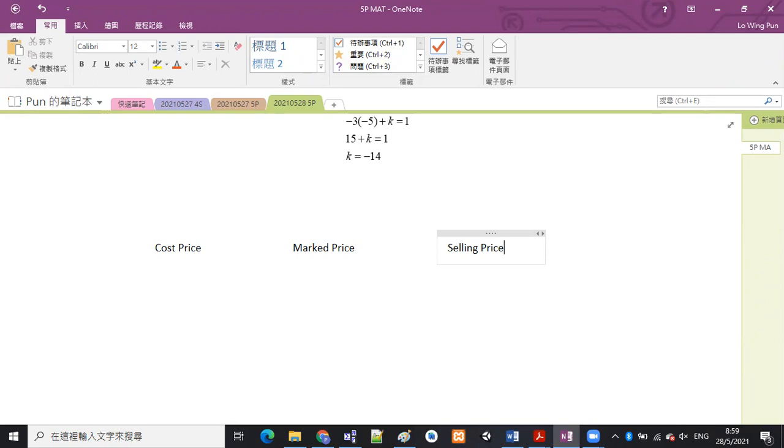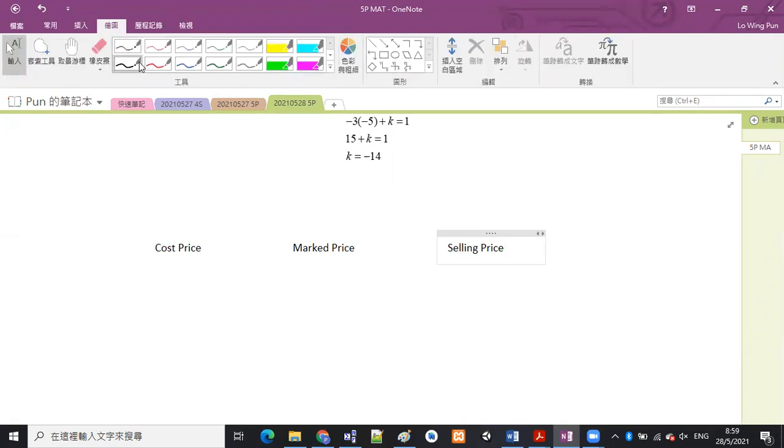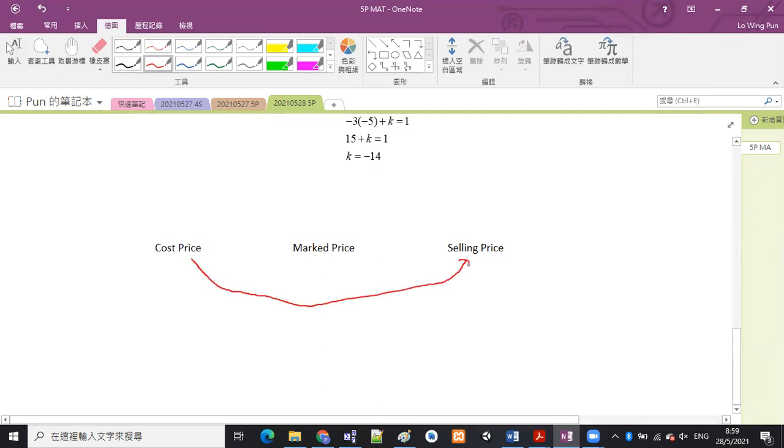And then normally we will consider the profit or loss. The profit or loss is the relationship between the cost price and the selling price, which is in your revision notes already. You just need to mark it down like this.